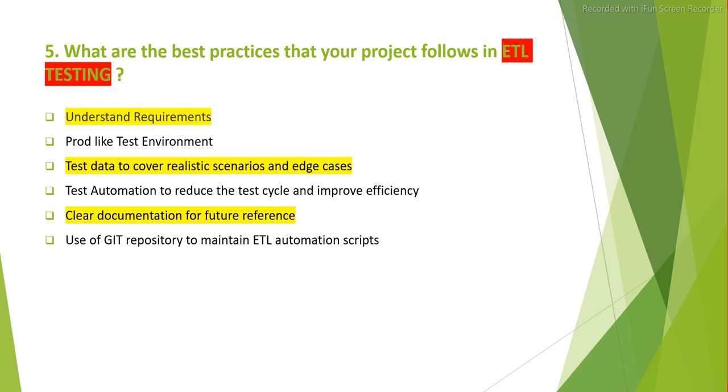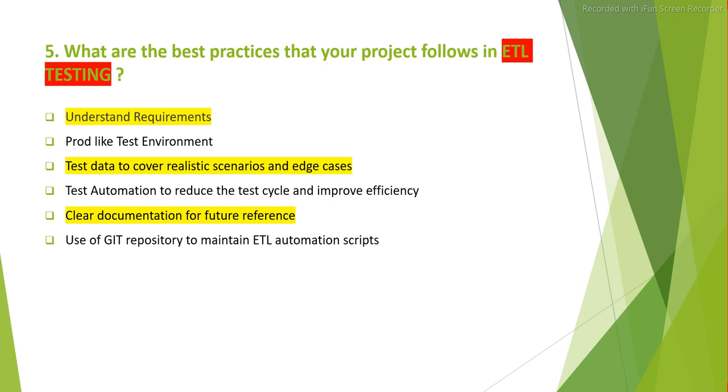And the last one is the use of a GitHub repository to maintain your scripts. If you're writing a lot of scripts in your project, like automation scripts to validate multiple things, all of them you need to keep in the GitHub repository. That is a version control system, right? Why?